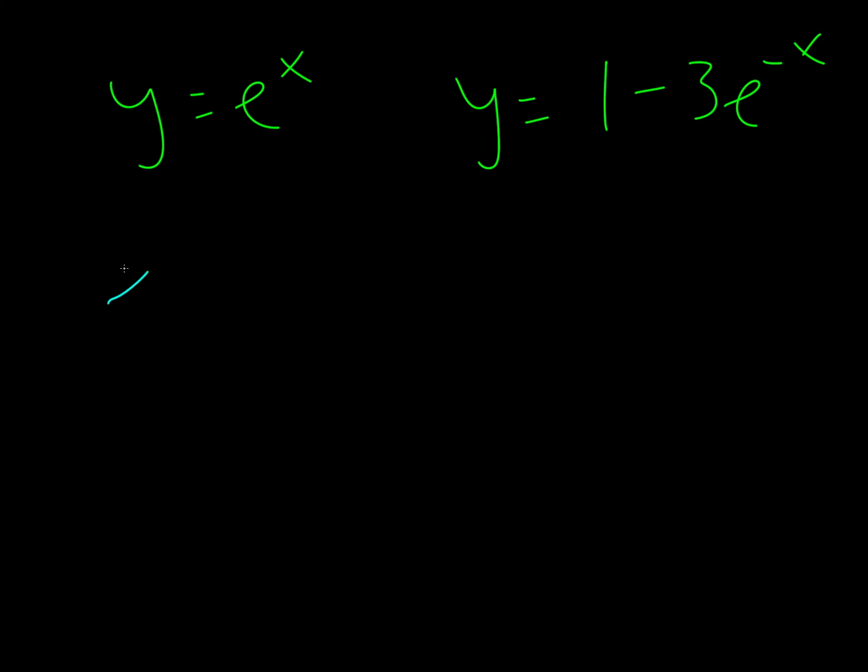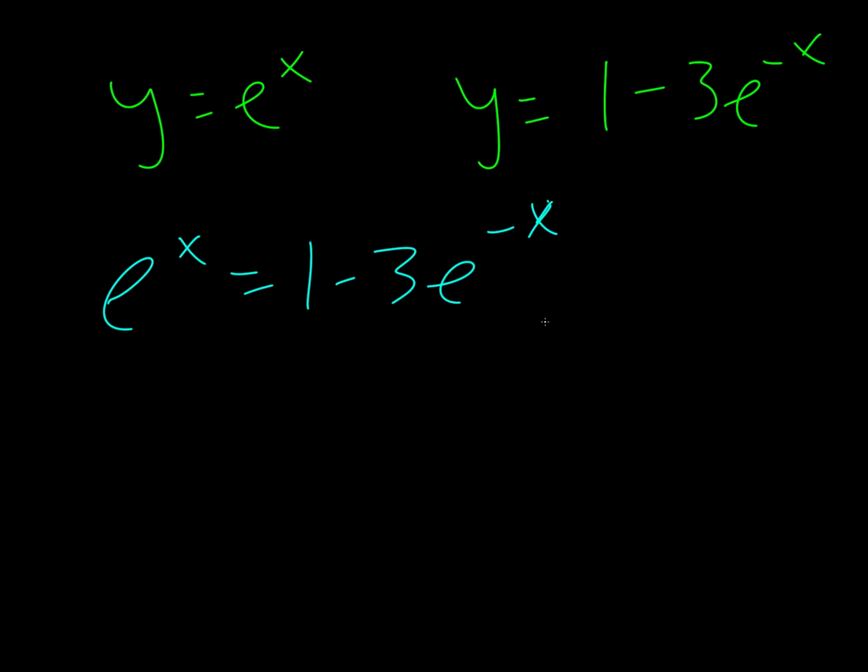Okay, find exactly the points of intersection of y equals e to the x and y equals 1 minus 3e to the negative x. And then check with technology. So if we want to know where two things are crossing, we set them equal to each other, and then we try to solve for x.